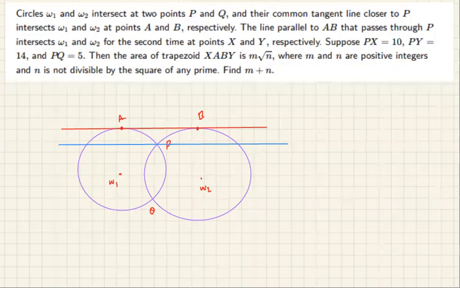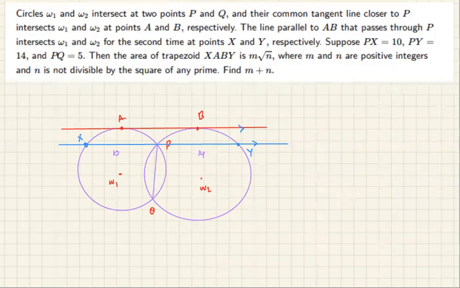We are told this line and this line are parallel. This is X, and this is Y, and we have PX is 10, so let's write it: this is 10, and PY is 14, so this is 14. PQ is 5, so that distance is 5.